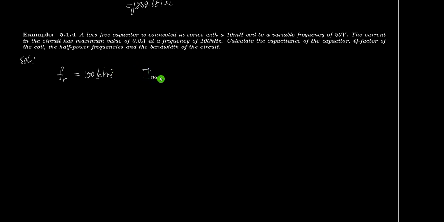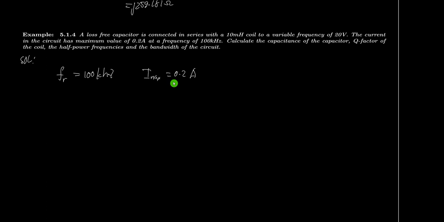So I maximum is equal to 0.2, and this is possible when we are in resonance. So if we are in resonance, just like what I'd said before, the circuit acts like a pure resistive circuit. The reactive component of the power will become zero.